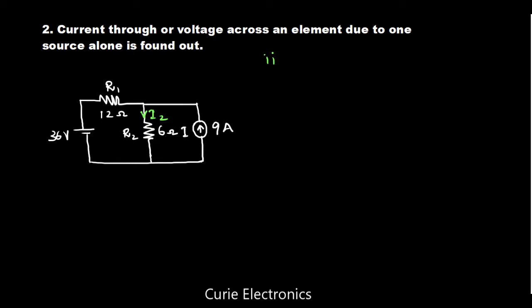Now second step: set I equal to 0. That current source we are making it 0, so we have our voltage source active. This is the 36 volt and R1 equals 12 ohm.